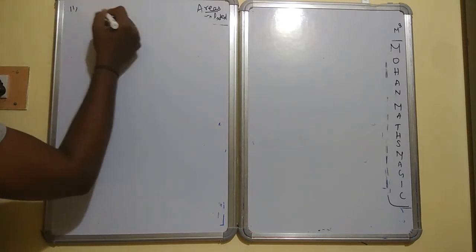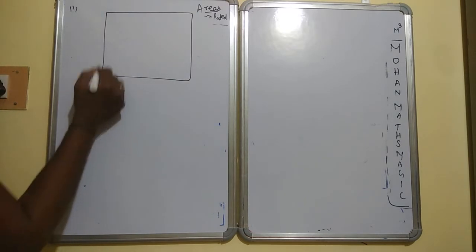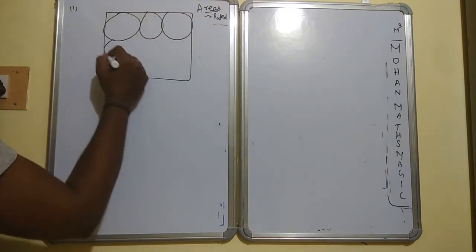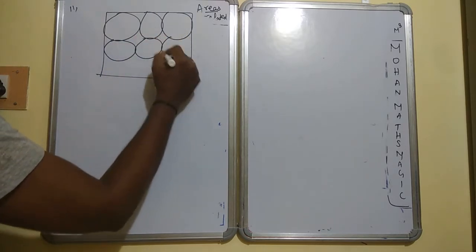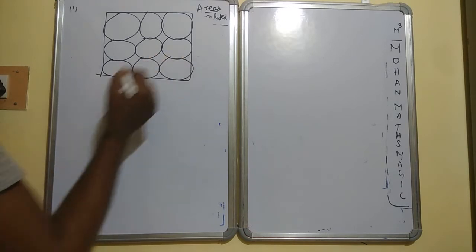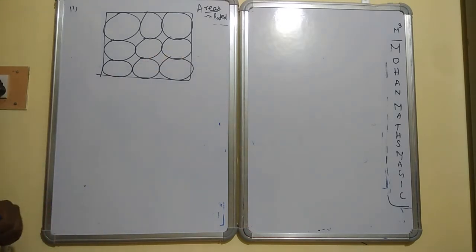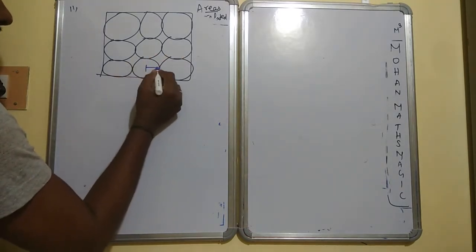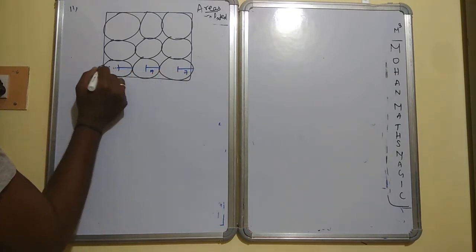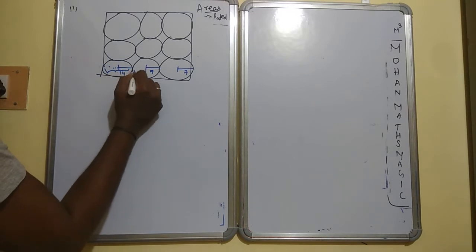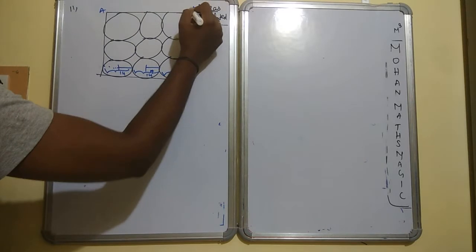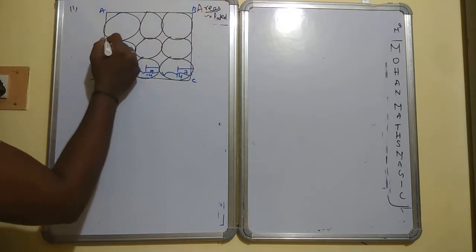So, question number 11. There is a square. Inside the square, 1, 2, 3, 4, 5, 6, 7, 8, 9 circles are there. Each circle has radius 7, so diameter 14. They asked you to find this region.